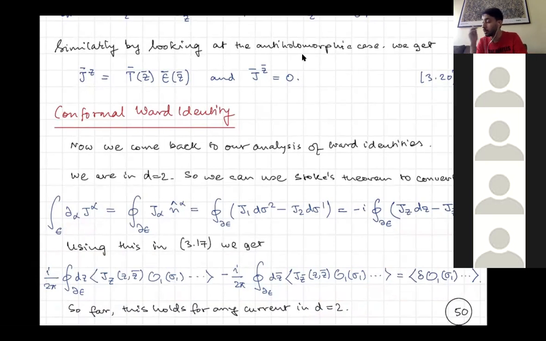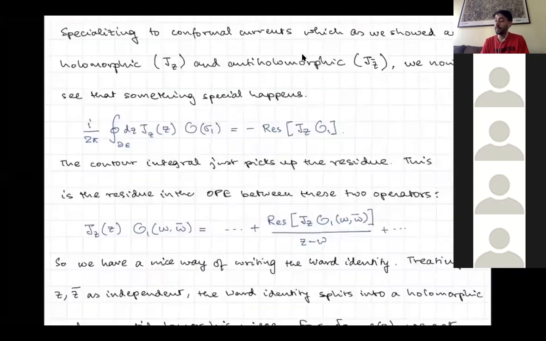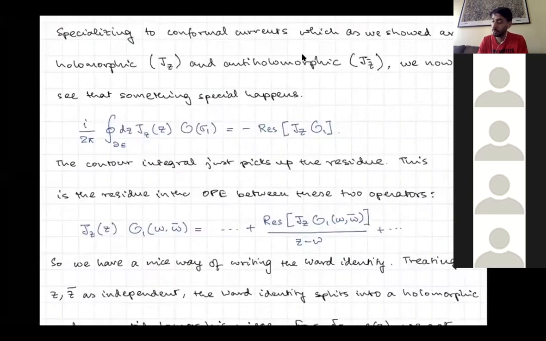Now we're going to specialize to the conformal Ward identity. For that, as we have seen before, j of z and j bar of z bar become just holomorphic and anti-holomorphic guys.